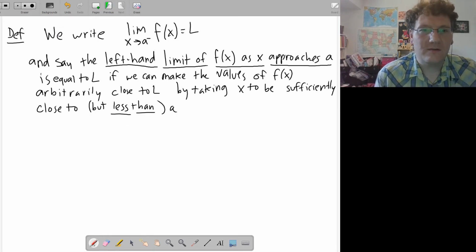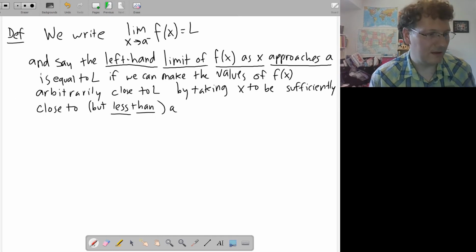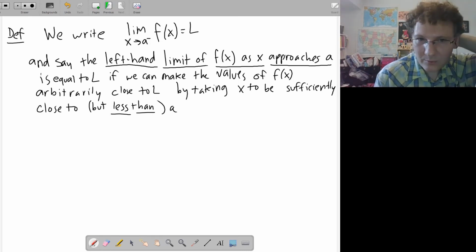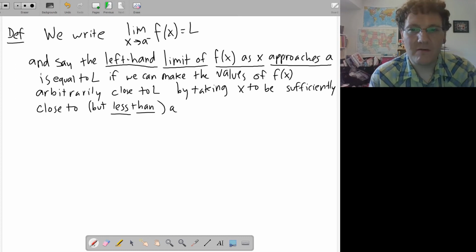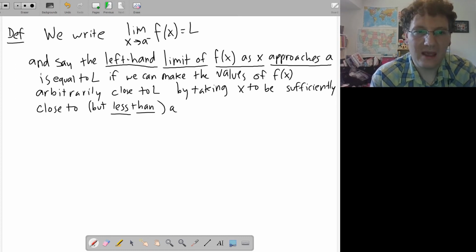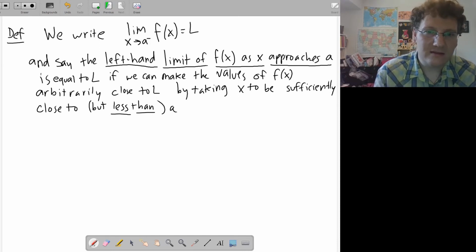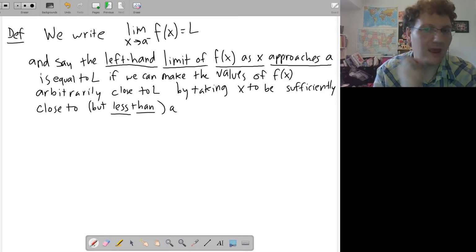Okay, so this is the definition of a left-hand limit. We write it like this, and we say that the left-hand limit of f of x as x approaches a is equal to L. That's how it's read. And you notice that little minus sign as a superscript after the a.